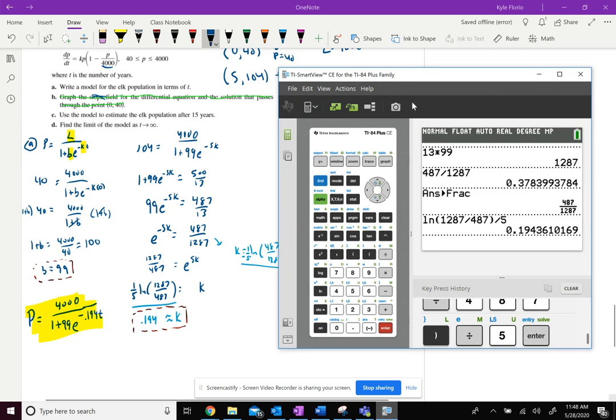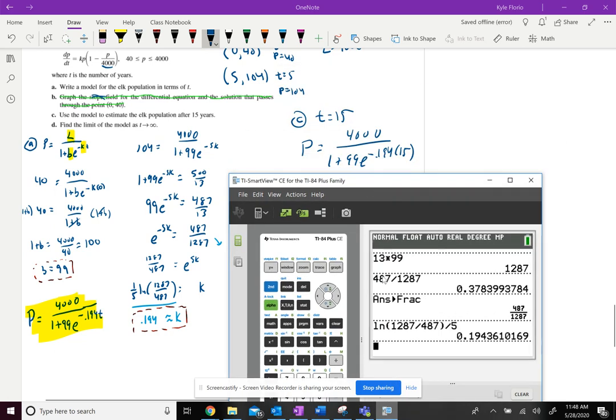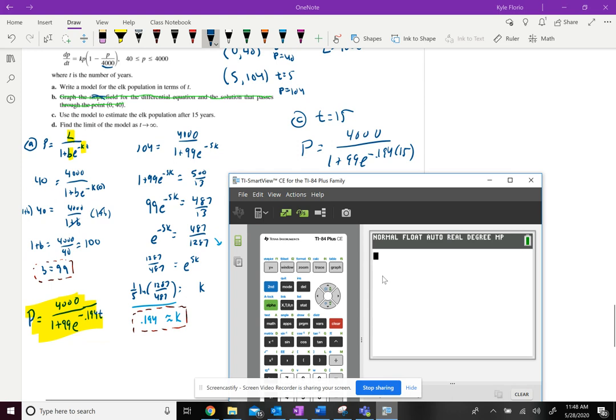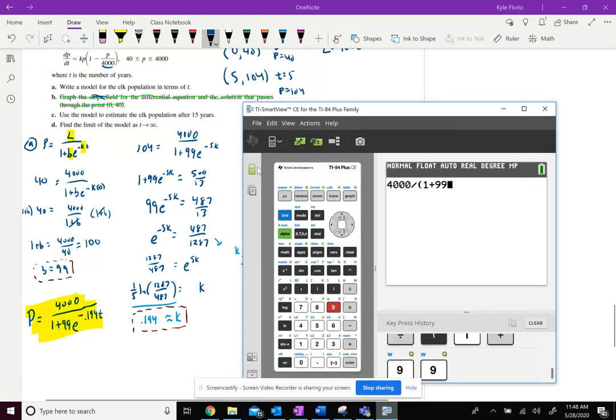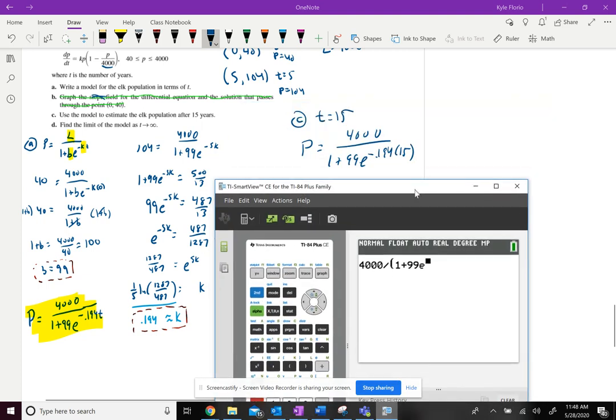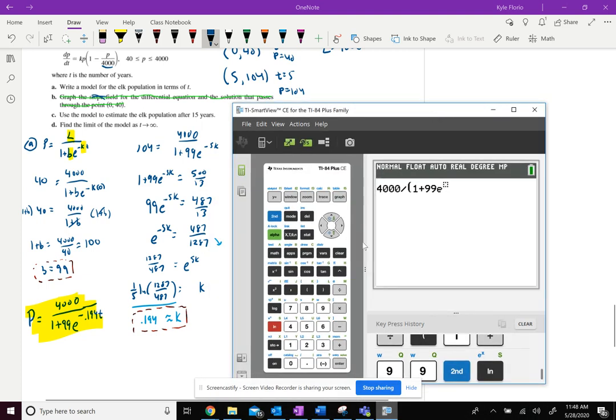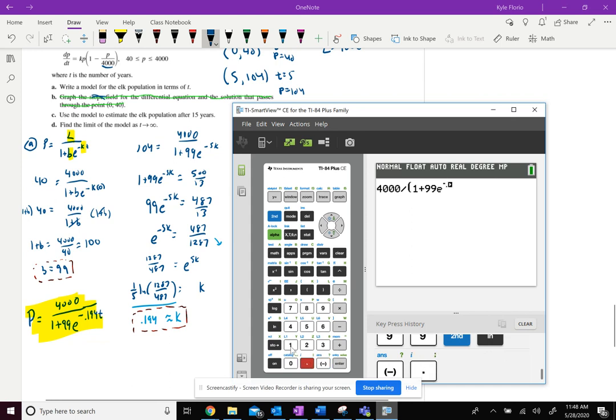Let's pop that in and see what we get. 4,000 divided by 1 plus 99 e to the -0.194 times t, which is 15 years.